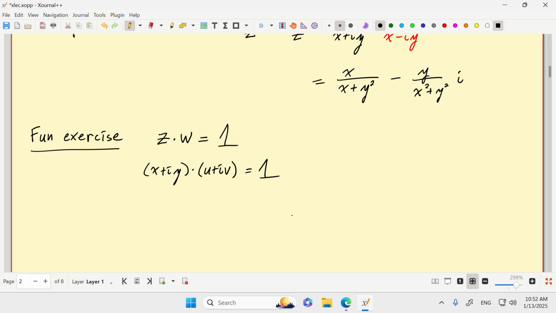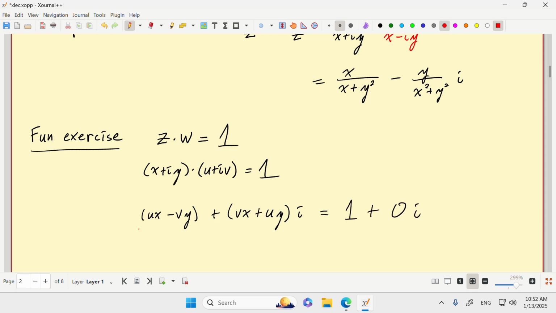And then, of course, you get two linear equations. You get u times x minus v times y plus vx plus uy times i equals 1. So that's 1 plus 0 times i.